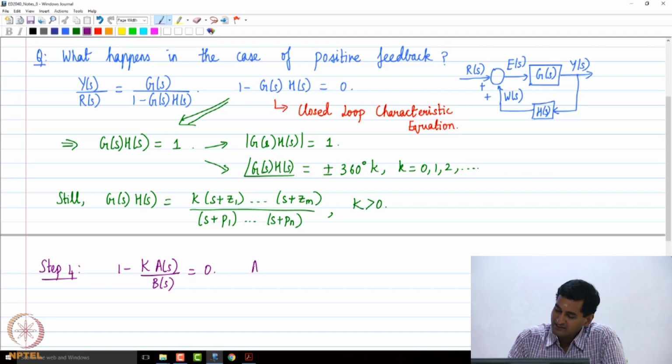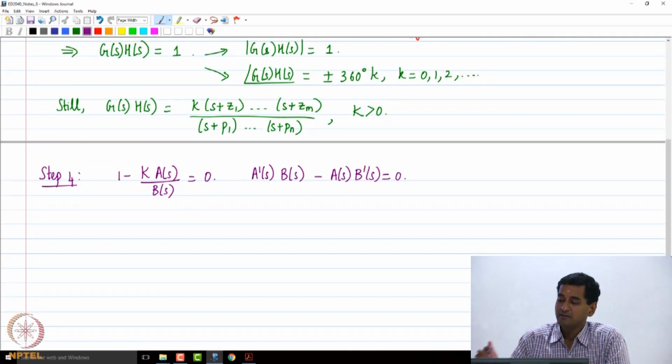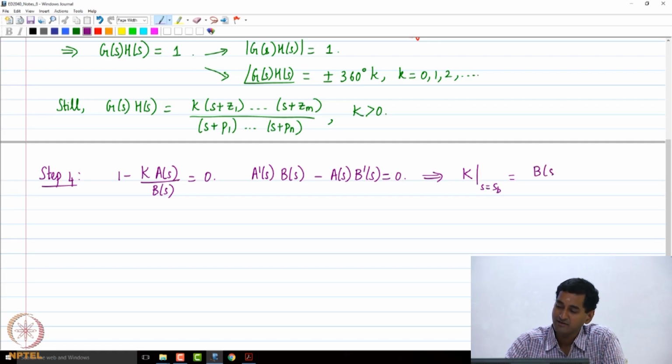So the condition for finding the breakaway point remains the same. Potential breakaway or break-in points remain the same as before. But once you get this, what you need to figure out is that the values of k at potential breakaway and break-in points would now be determined by this formula, from this closed loop characteristic equation.